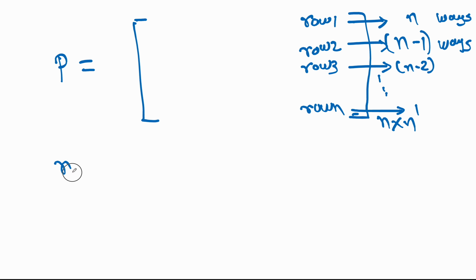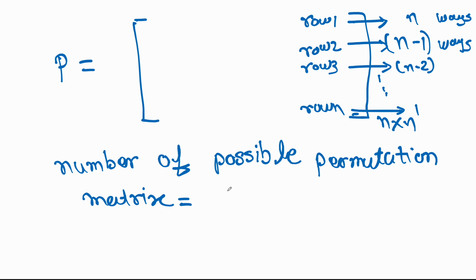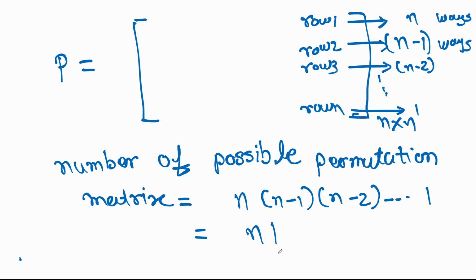Okay, so the number of possible permutation matrices is equal to n times n minus 1, times n minus 2, and so on till 1. So this is nothing but n factorial.